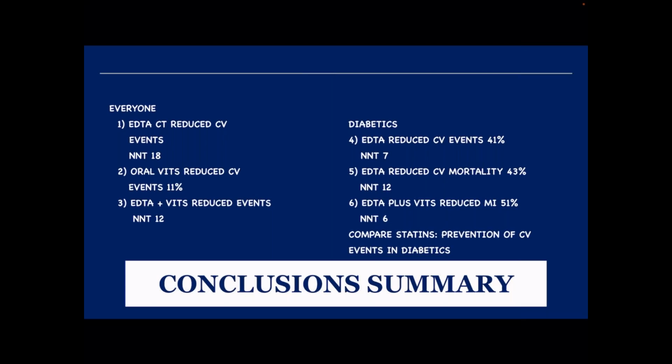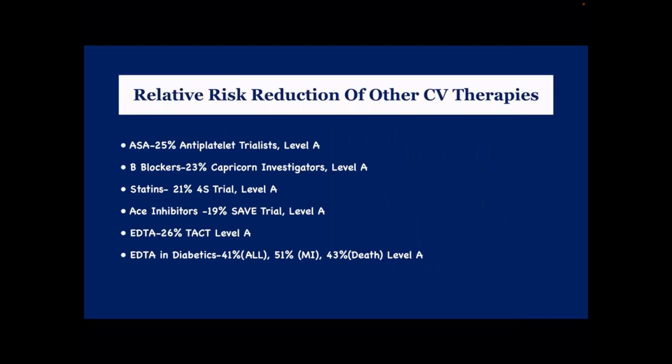That means if you have a diabetic, you should be aware there are studies done by Harvard that clearly show within 12 years, once you are borderline diabetic, even borderline, you are going to have a cardiovascular event within about 11 years. You are already heading towards it. If you start patients early enough with EDTA, you check their toxic metals, and you begin treating them early enough, then EDTA plus the vitamins reduce the MI risk 51% at an NNT of 6. If you compare statins, you will see a huge difference. It's nowhere close to this.